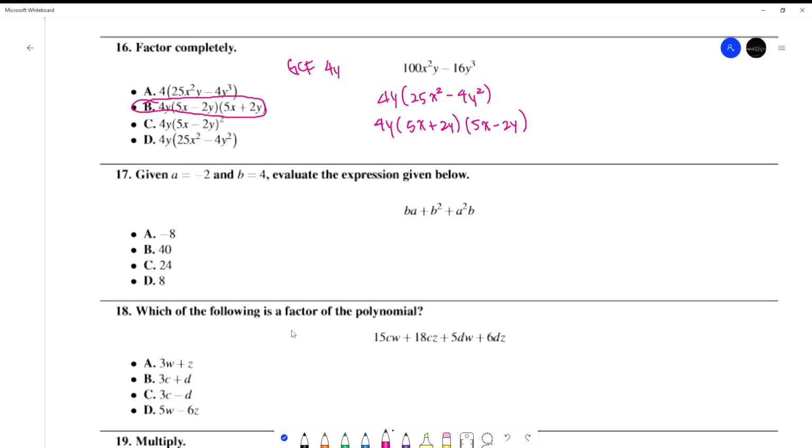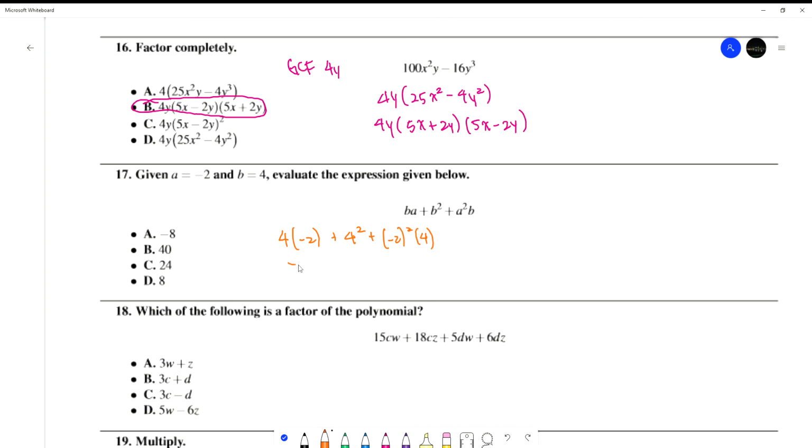Okay. Number 17. A is equal to negative 2, B equals 4. Evaluate the expression below. So anytime there are negatives being substituted, I like to use parentheses because otherwise the squares would get messed up, right? So we have b times a, so 4 times negative 2, plus 4 squared plus negative 2 in parentheses squared times b, which is 4, right?